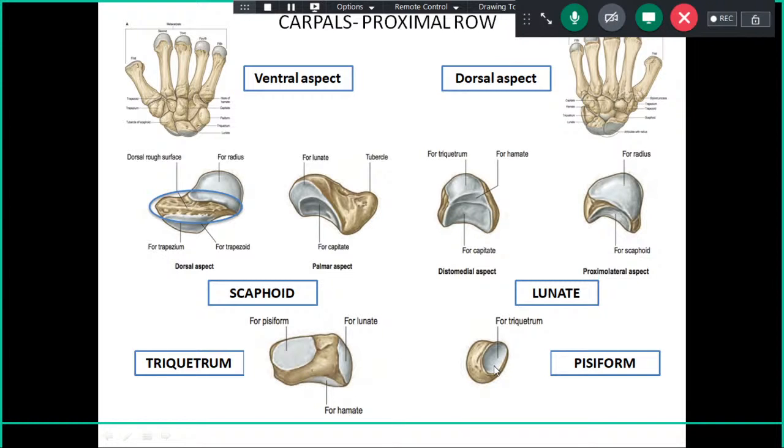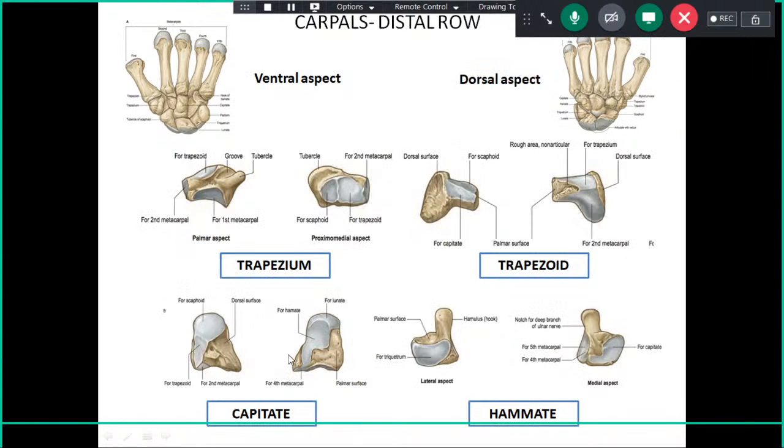See the pisiform bone: the dorsal surface of pisiform will sit on top of the ventral surface of the triquetrum bone. Similarly you have your trapezium, trapezoid, and capitate. Why is it named capitate? Because of its head shape, the caput. It is the largest carpal bone, and scaphoid is the largest carpal in the proximal row.